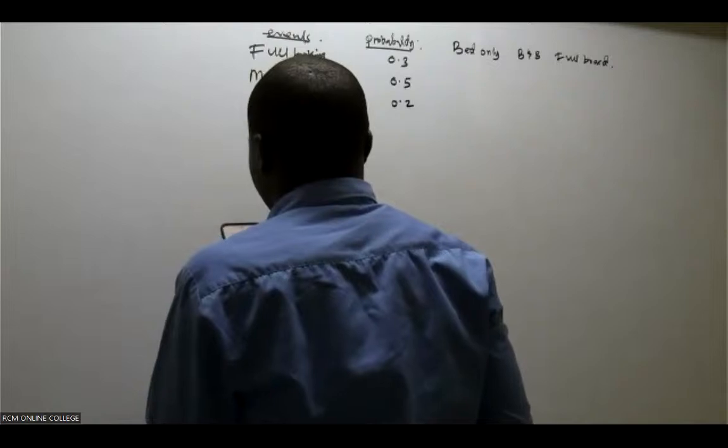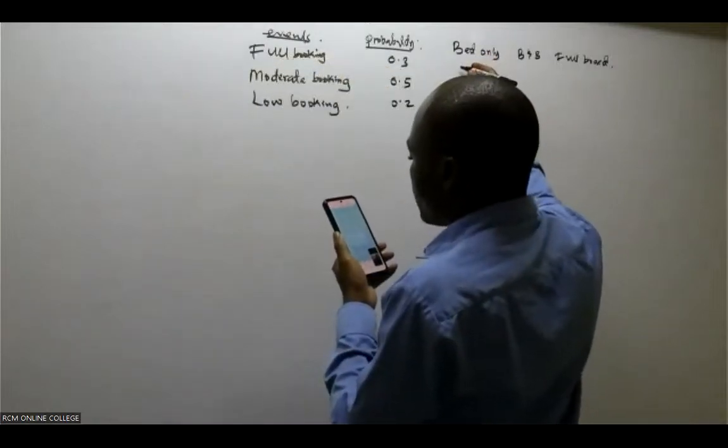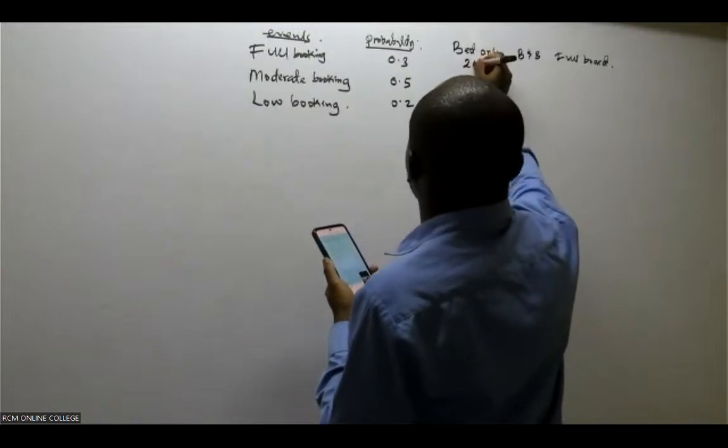Decision alternatives, there we have 24,000. I'll be able to see they are in thousands, so we can just pick 24,000.